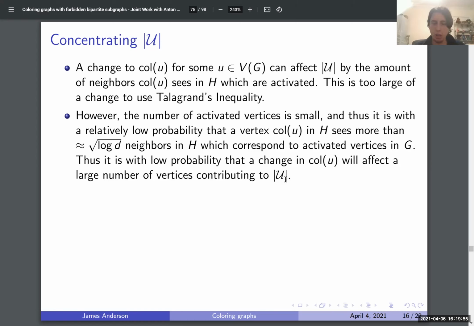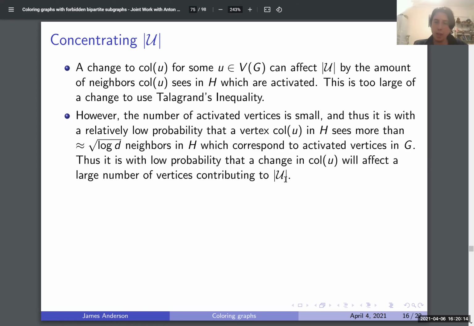And so in order to do that, the color that this vertex is assigned has to see a conflicting neighbor in H. And so it's all about the activated vertices.